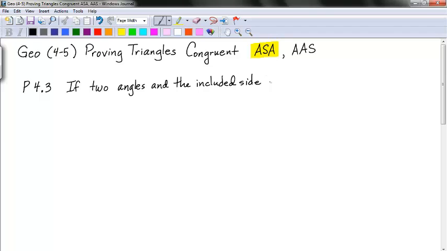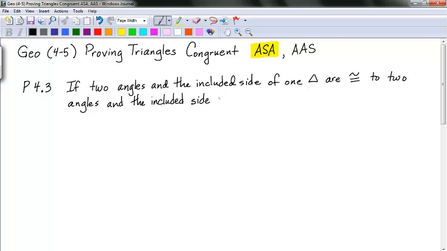If two angles and the included side of one triangle are congruent to two angles and the included side, that means that side has to be between those given angles, of another triangle, then the triangles are congruent.